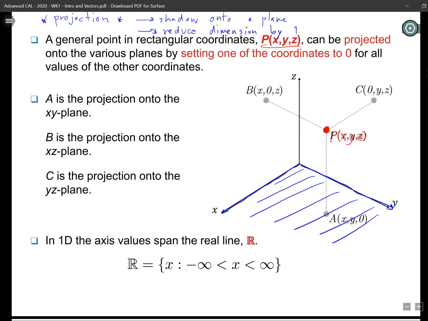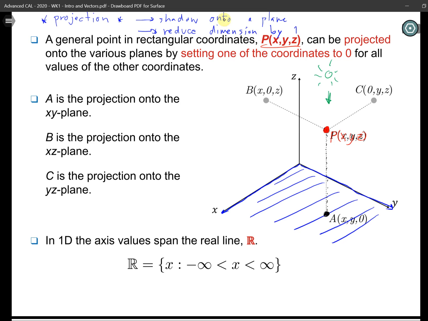So it's like shining a light from above. Let's assume that this is a light from above, and then we get a shadow down here. Okay, now this point is on the xy plane.